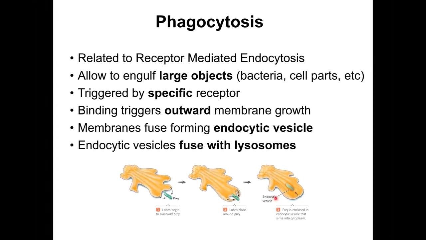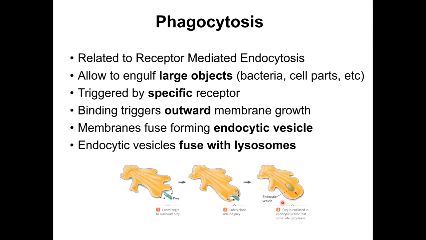So it gets surrounded by the membrane until the membrane fuses at the opposite end here, forming the endocytic vesicle, which then would fuse with the lysosomes and would cause the digestion of the material brought in. Bacteria and viruses will be digested inside the cell. This is also used to recycle antigens in some cells and present them to the immune system. We'll talk about that in BIO359.